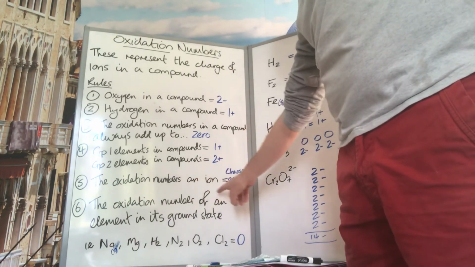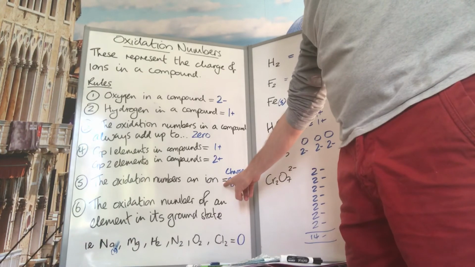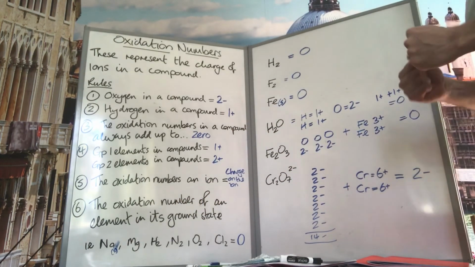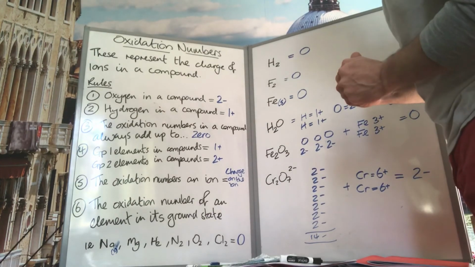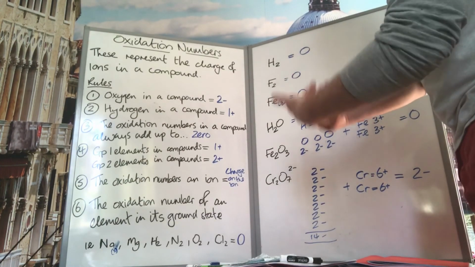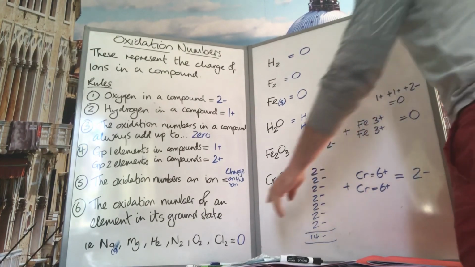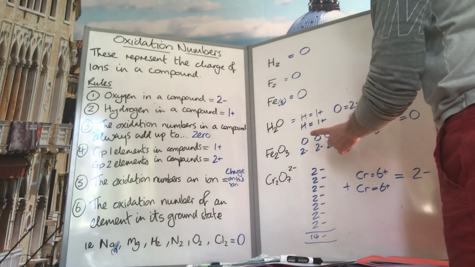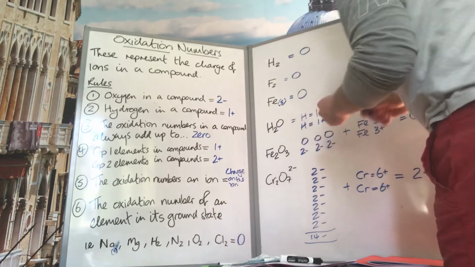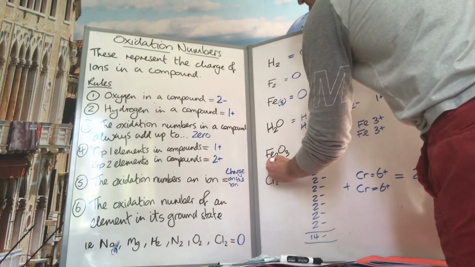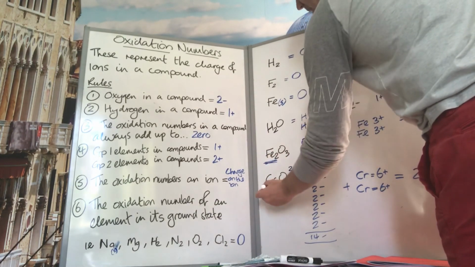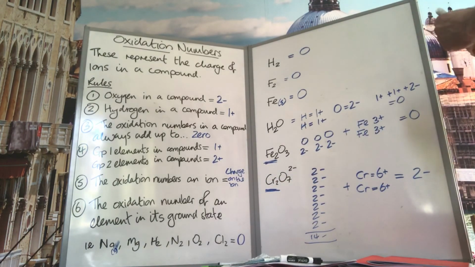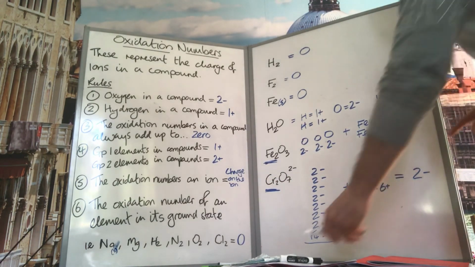Oxidation numbers in an ion always add up to the charge on the ion, and the oxidation number of an element in its ground state, so either by itself or bonded to another of the same element, will always be 0. And then you will be asked to identify, for example, here, the oxidation state of iron and chromium in these compounds and ions. Okay? Take it on.